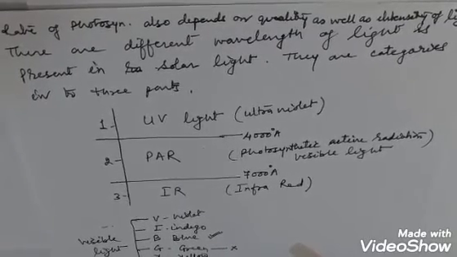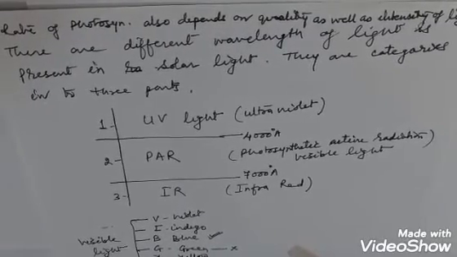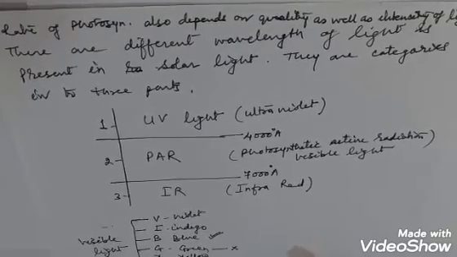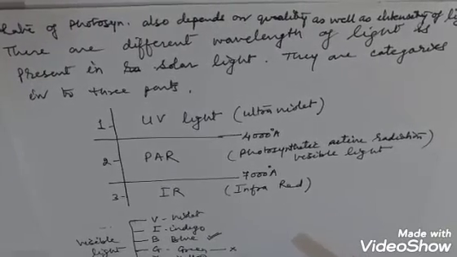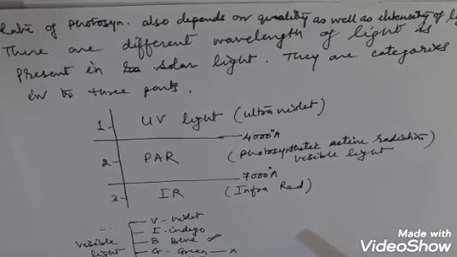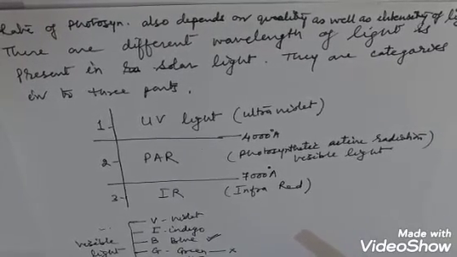The photosynthetic active radiation, which is known as visible light, is the part of solar energy in which photosynthesis takes place, and it ranges from 4000 Angstrom to 7000 Angstrom.